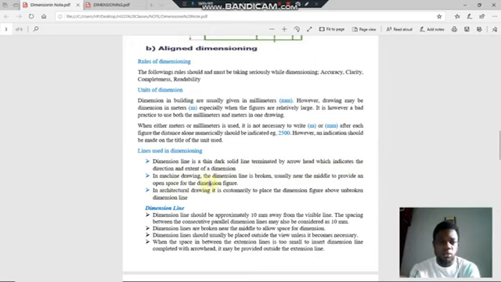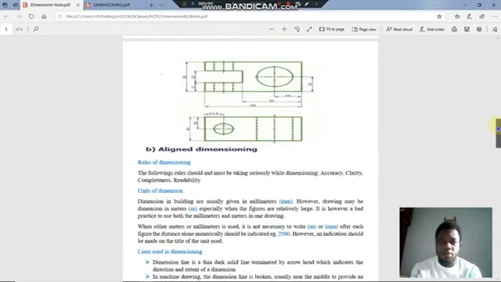In machine drawing, the dimension line is broken, usually near the middle, to provide an open space for the dimension figure. In architectural drawing, it is customary to place the dimension figure above the unbroken dimension line. That is what you have here.